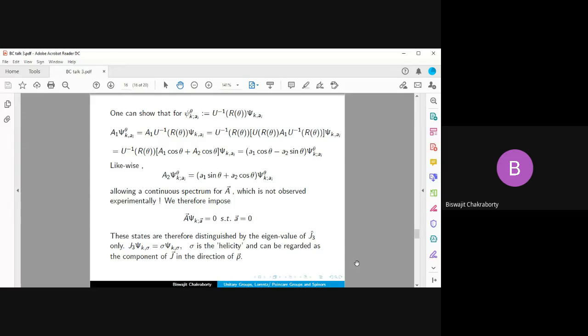So sigma is the eigenvalue of J3, which can discriminate between different states, because the other A1, A2 will be completely useless since they just simply annihilate such states. And this happens only for massless particles. So J3 is nothing but the component of J in the direction of P.